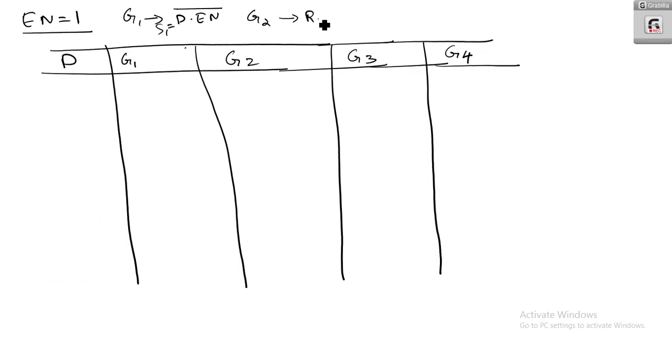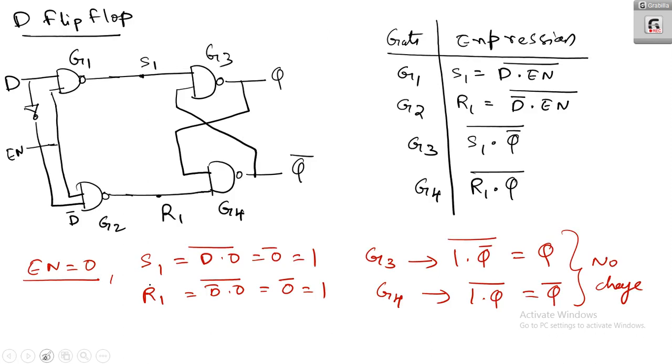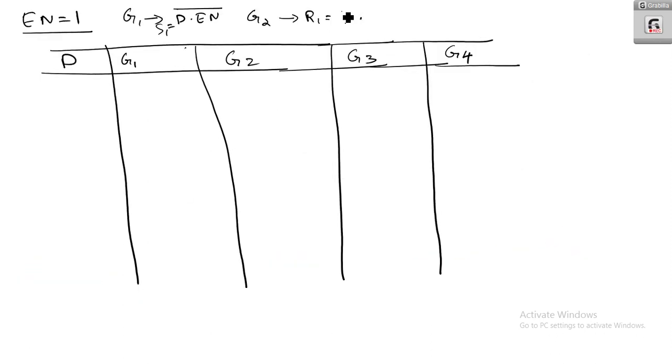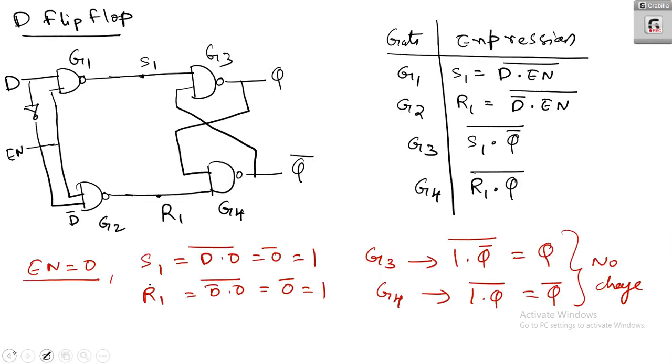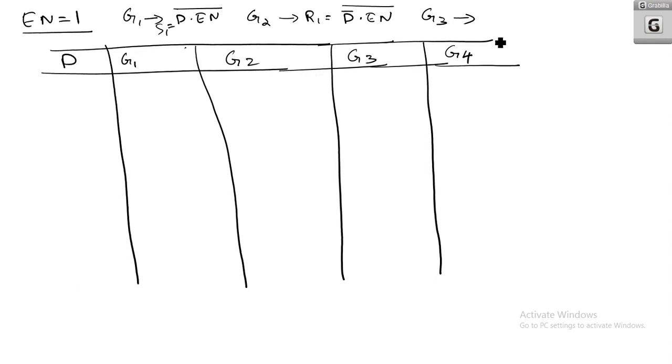R1 is (D bar dot enable) the whole bar. And what is the output of G3? Output of G3 is (S1 dot Q bar) the whole bar, and the output of G4 is (R1 dot Q) the whole bar.